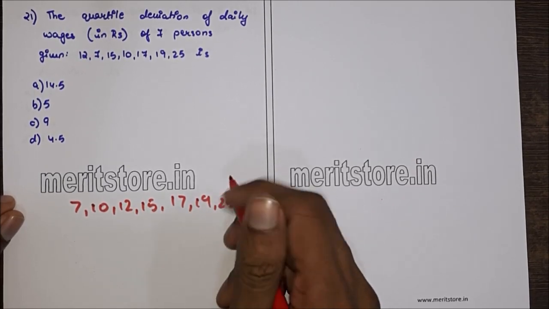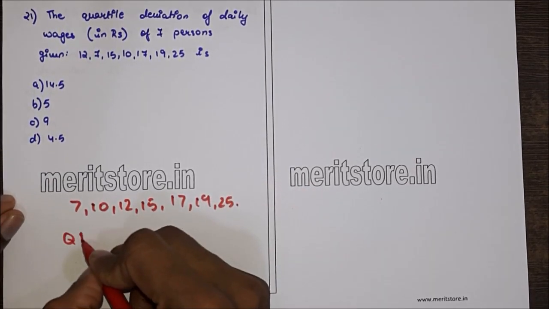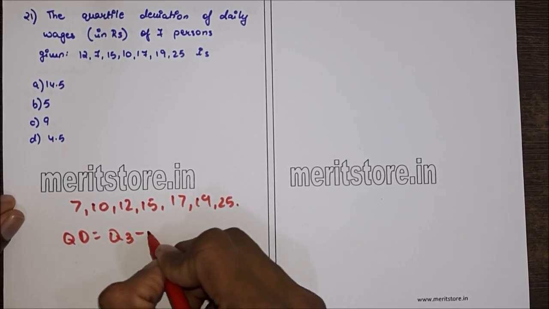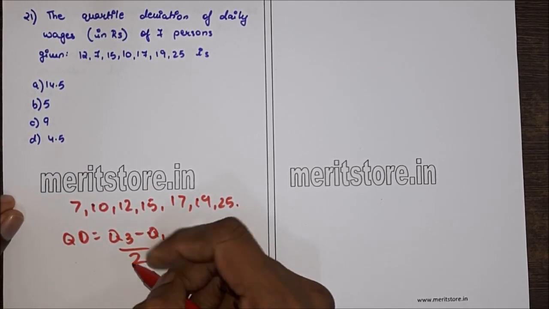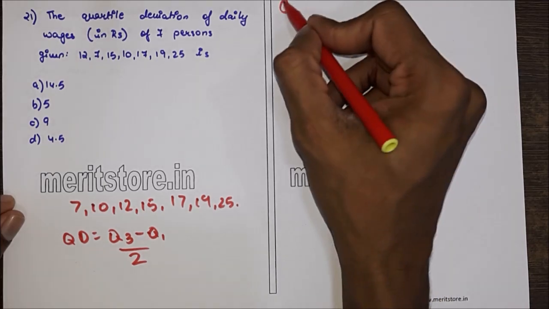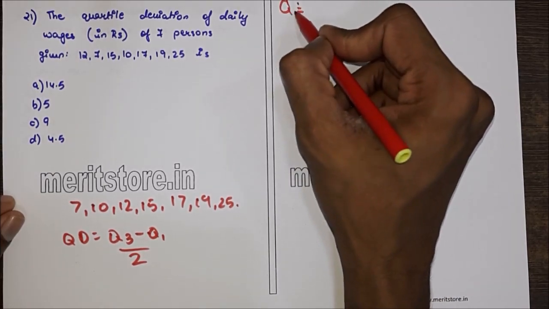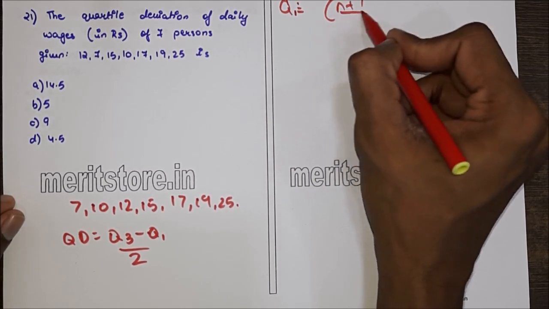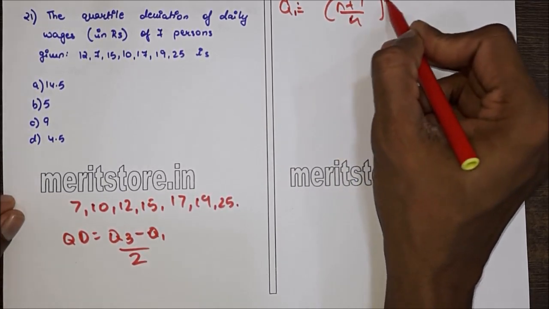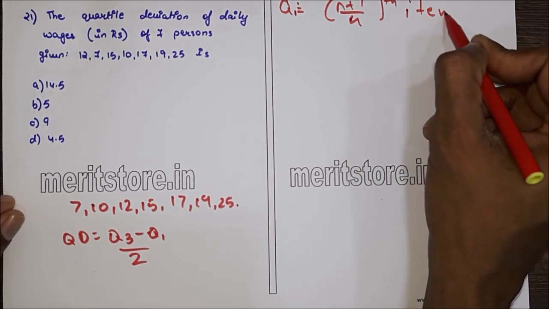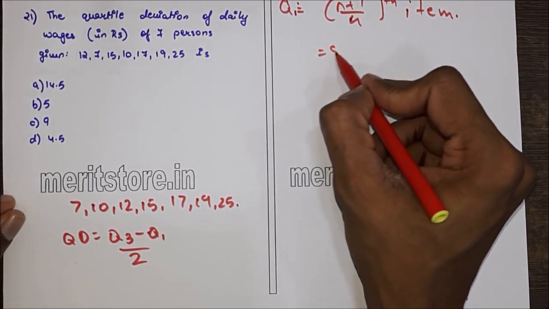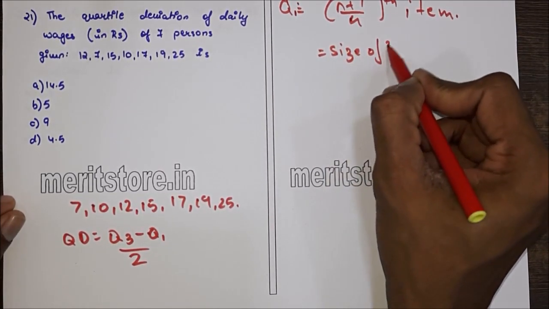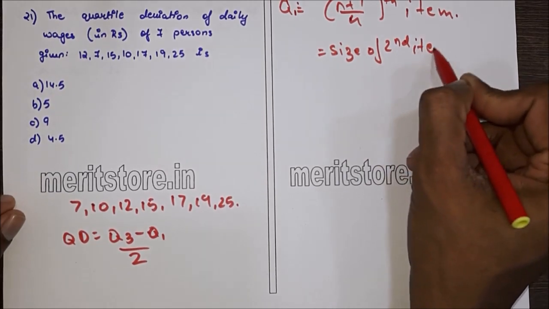So the quartile deviation is (Q3 minus Q1) upon 2. So we find Q1, that is the size of the (n plus 1) upon 4th item, that is the size of the second item, which is equal to 10.